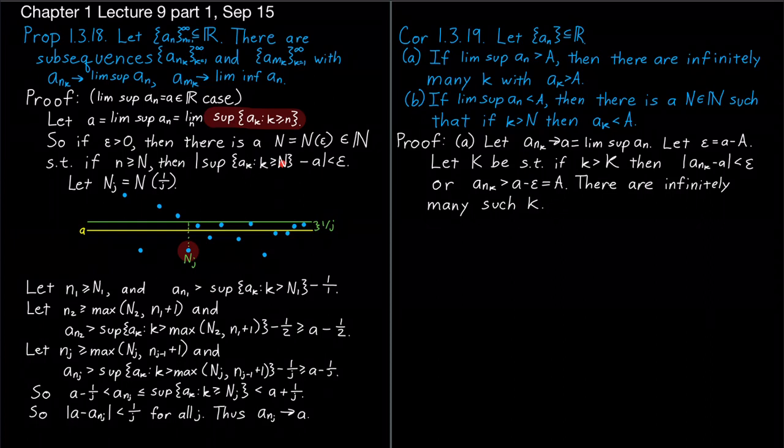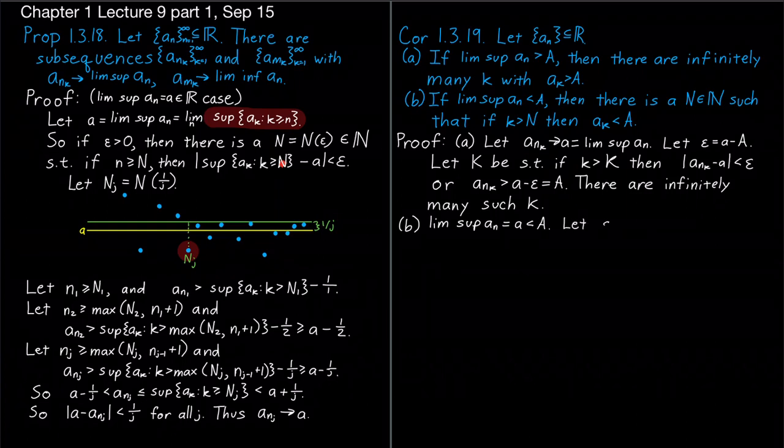All right, and then the proof of part B. The lim sup a_n equals a is less than A. We let epsilon be the opposite, A minus a, because now big A is bigger than little a, and we need epsilon to be positive.